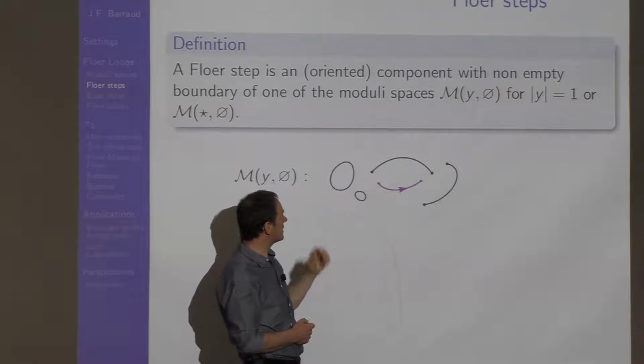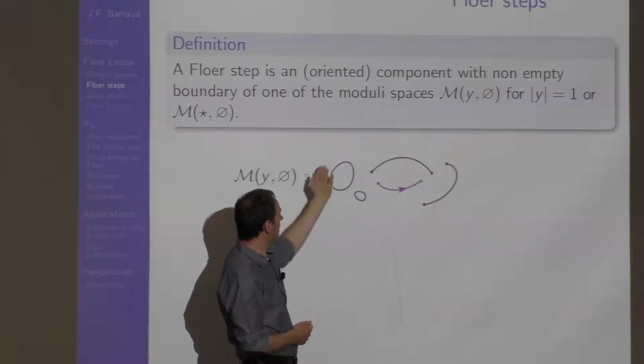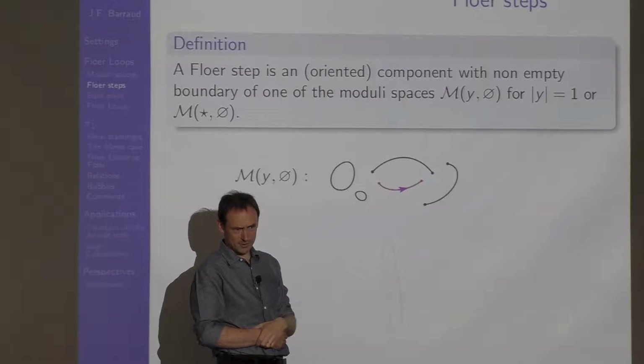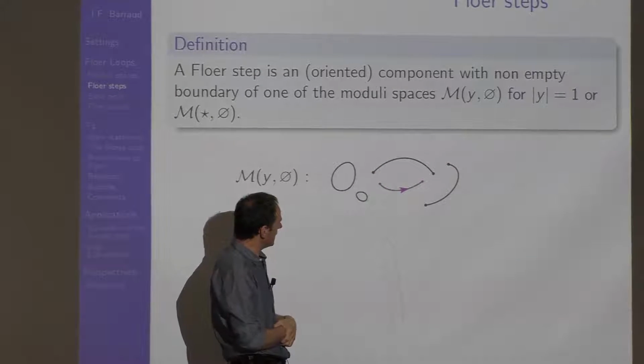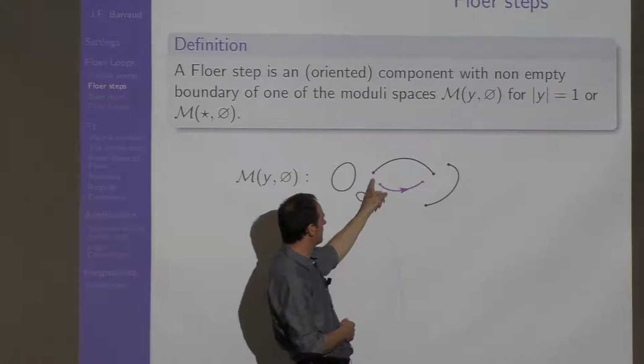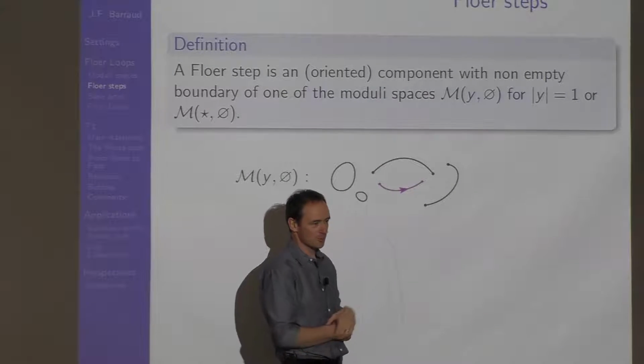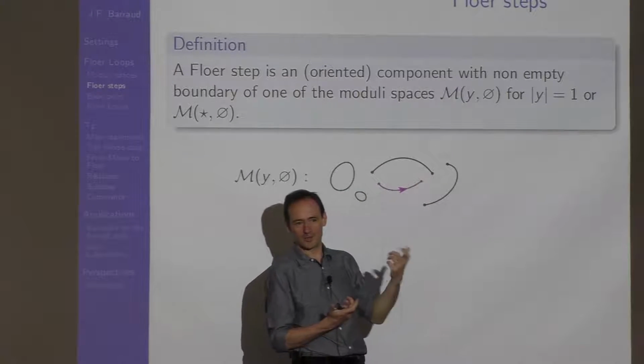So they look like this. So you may have S1 components. We don't care about them. And you may have components with boundary. And this is what I call a step. Or more precisely, to one boundary component, there are two steps. There is a step forward and a step backward somehow.